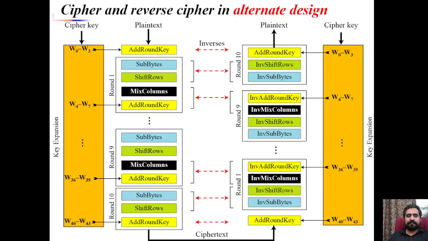The only differences are the number of rounds and the number of words generated from the cipher key and used for the add round key transformation. For the 128 variant, we have a combination of 4 words, for the 192 variant we discussed a combination of 6 words, and if we use the 256 variant of the Advanced Encryption Standard, we use a combination of 8 words.